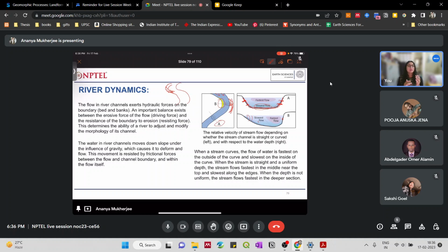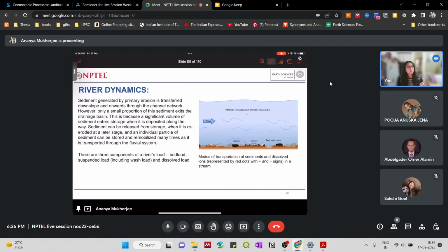And within the flow itself, part of it will be fast and part of it will be slow. These are some of the things that are going to affect the way the river is going to change the shape of the earth surface, or the landforms.